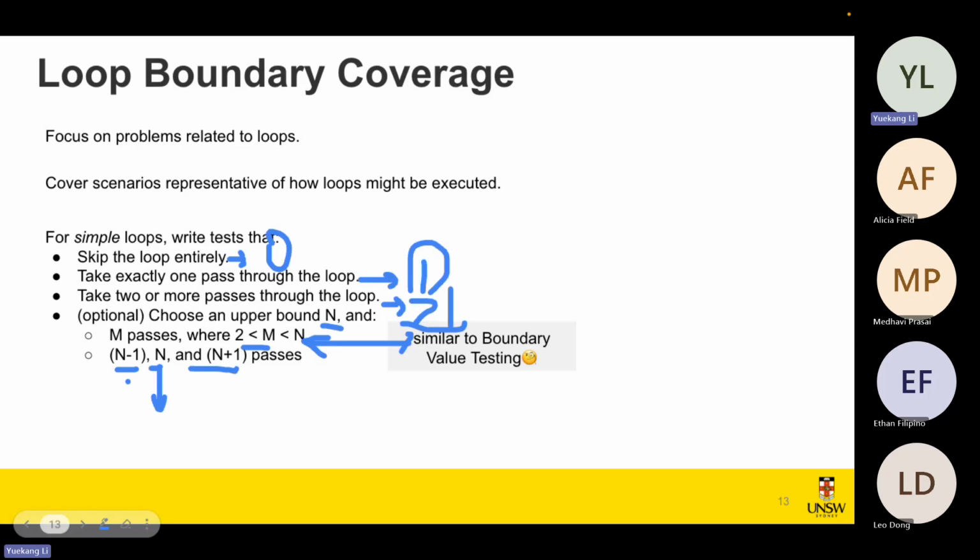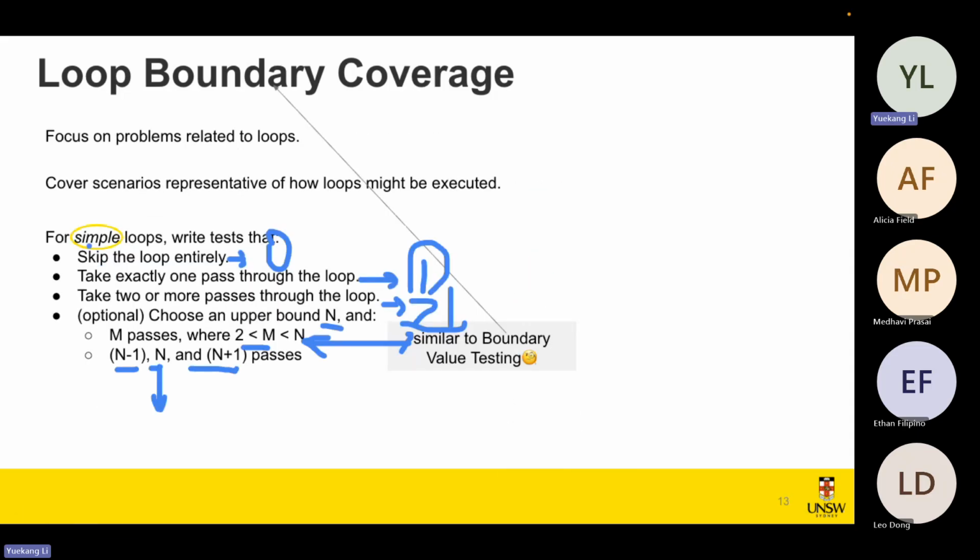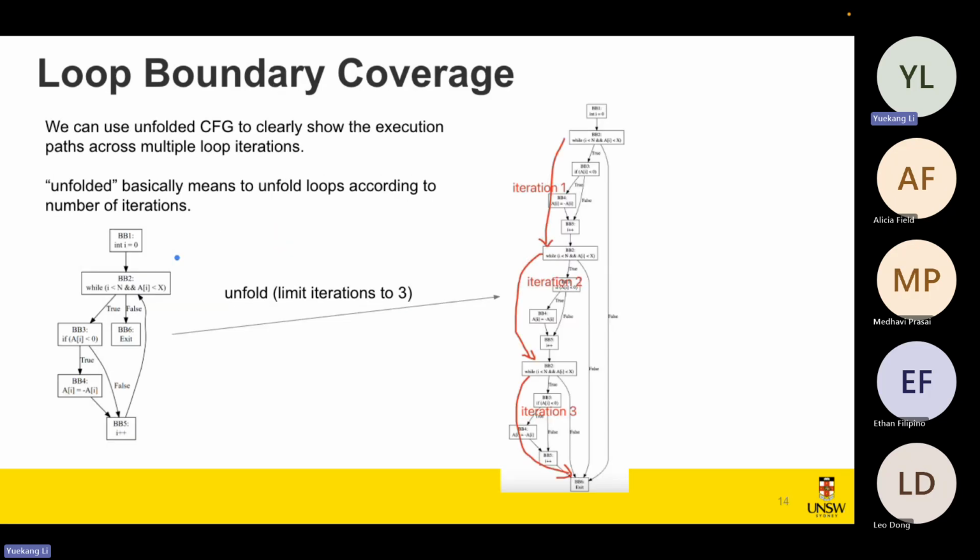And n minus 1 is max minus, and n plus 1 is max plus, right? So it's very similar to how we select values for boundary value testing, and that's why it is called loop boundary coverage. And don't forget about the keyword here: this is for the simple loops, where we don't have sub loops or loops inside a loop.